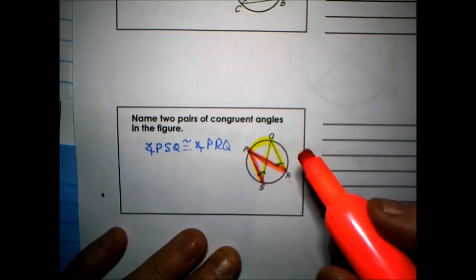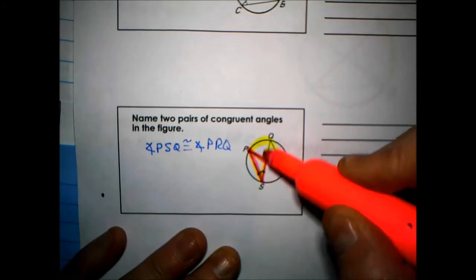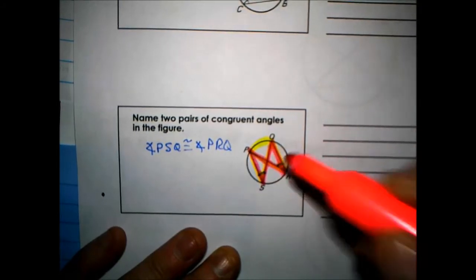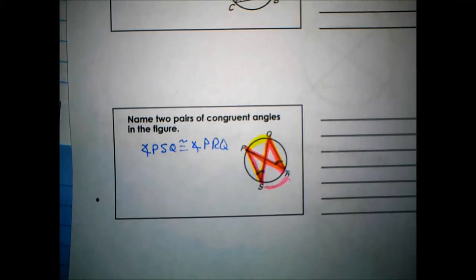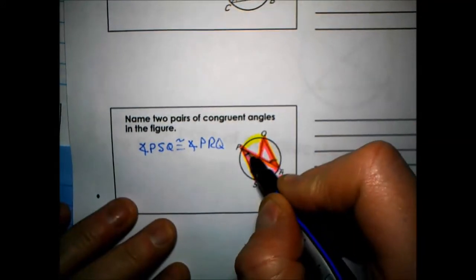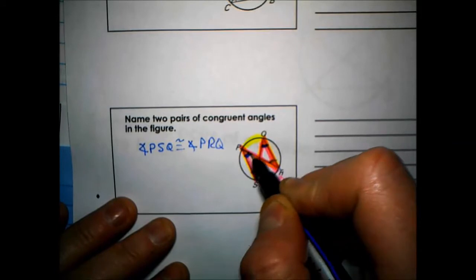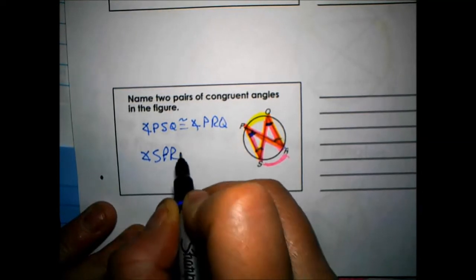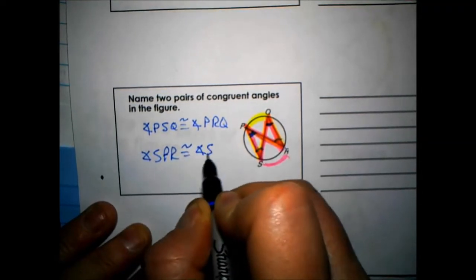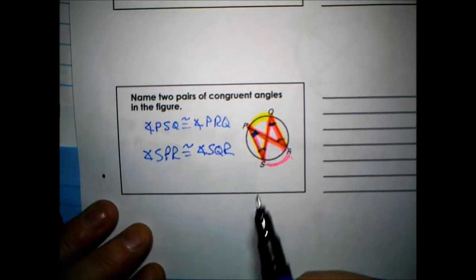And then you have to see this flipped over, that this angle here, SPR, and SQR have this arc in common. So that means those angles at the top, right there, are congruent to each other. So I'd say that angle SPR is congruent to angle SQR.